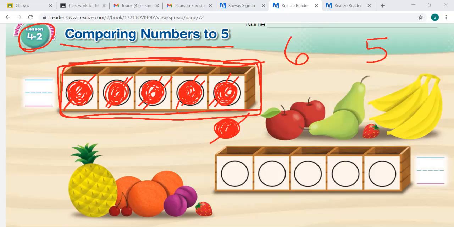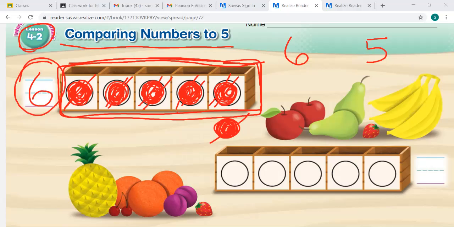So which number shall we trace to show how many counters we colored in? Do you remember how many counters we colored in? 6. So we are going to put the number 6 over here. All right, so we're going to circle the 6 because it is greater than 5.